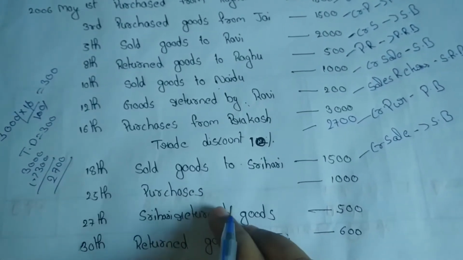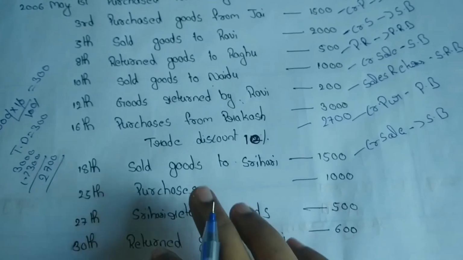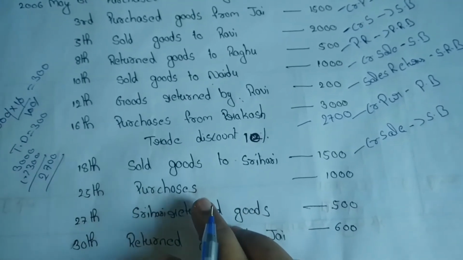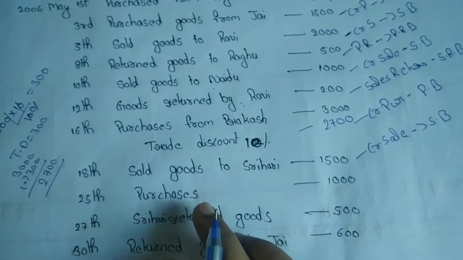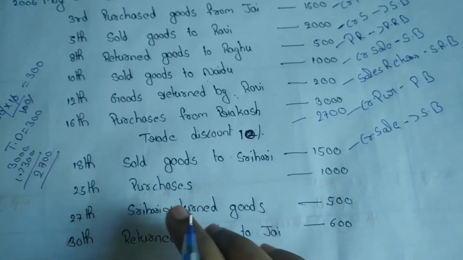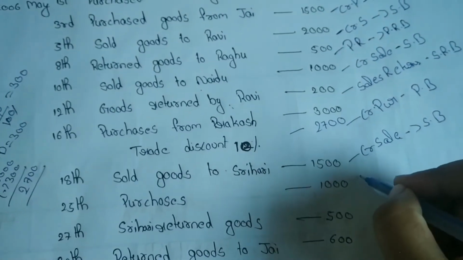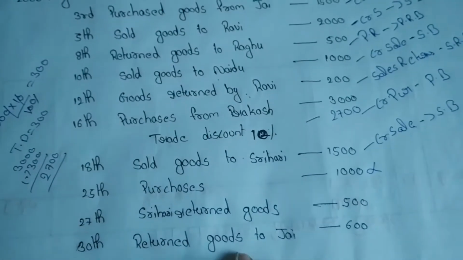So it was a cash purchase. I already explained, right? Cash purchases, cash sales, or purchase or sale of assets are not recorded in the purchase book or sales book. So it was not recorded anywhere.